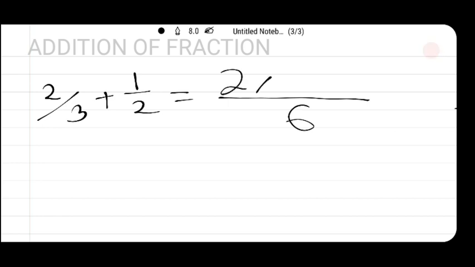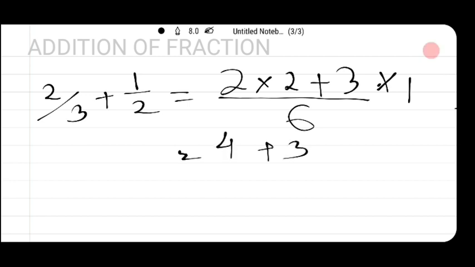So 3 twos into its numerator which is 2, plus 2 कितना जा 6, 2 threes into its numerator that is 1, equals to 2 twos are 4 plus 3 ones are 3 upon 6. 4 plus 3, 7 by 6 is your answer.